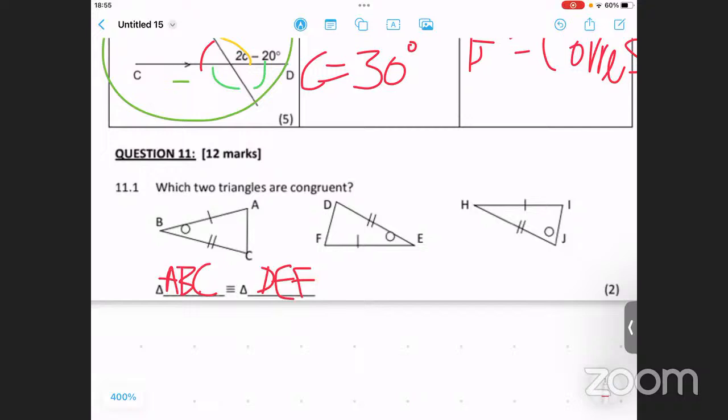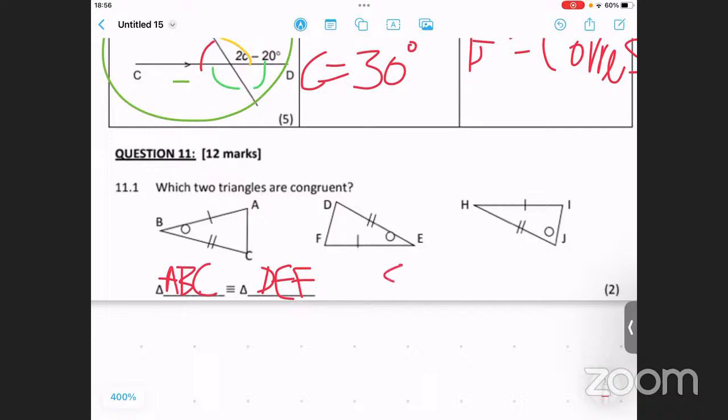And what's the reason? Ma'am, it shows that angle B is equal to angle E, and then you can see that side AB is congruent to EF, and then BC is congruent to DE, and then the other side AC is congruent to DF.